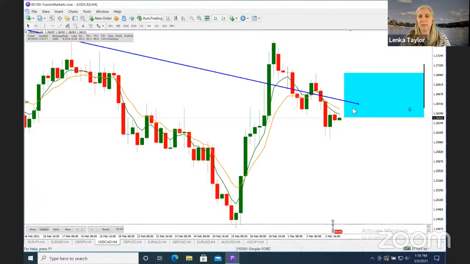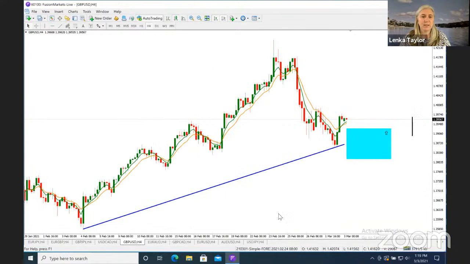So again, it could be a pin bar or an engulfing or whatever other pattern you use as the entry criteria. As long as it's quite a strong one, then I would be looking for a short in possibly the next few bars, or if that happens.